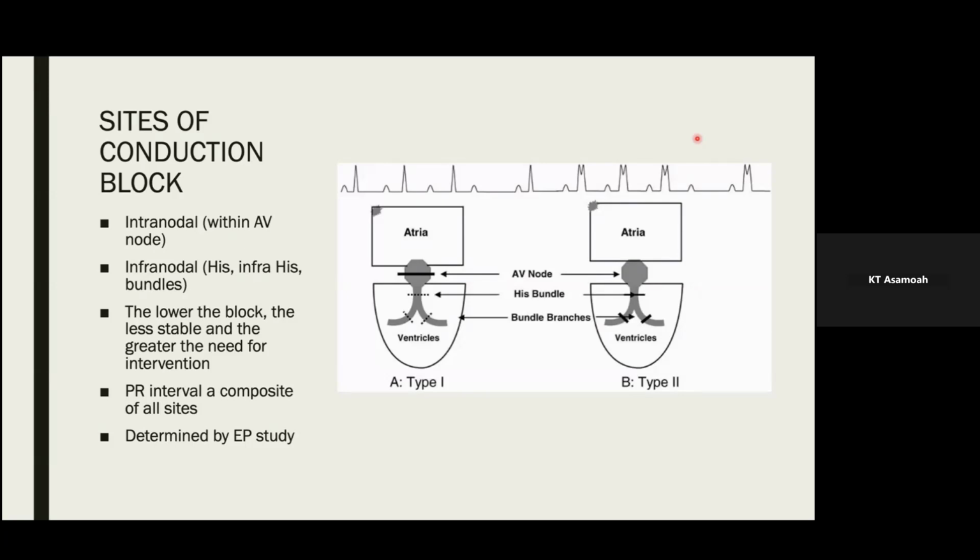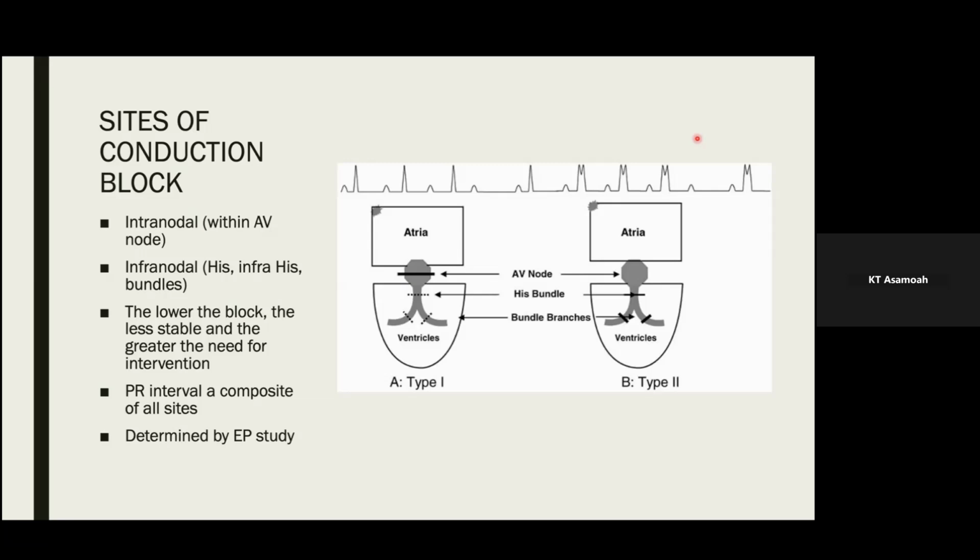So really, the PR interval is more or less a composite figure, which represents the entire conduction from AV node all the way down to the ventricle. So having a prolonged PR does not necessarily mean that it's an AV nodal block.